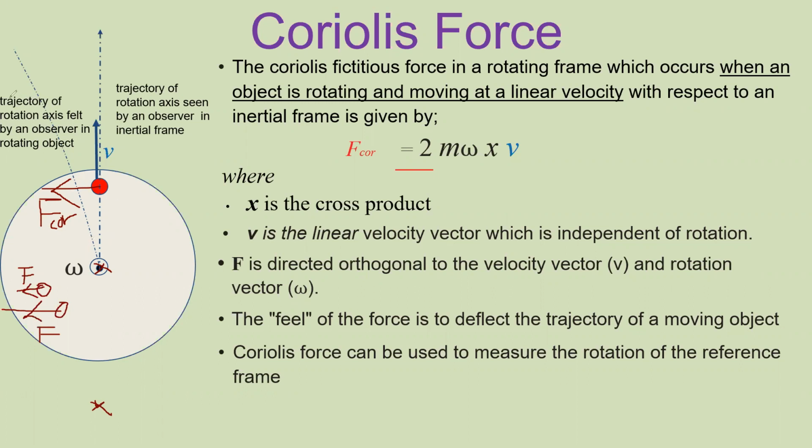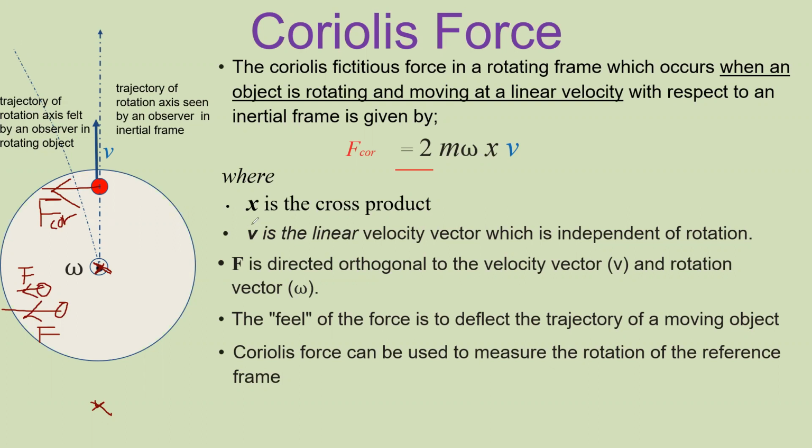The trajectory of the rotation is felt by an observer on this object. If an observer is looking at the center of this object, it will see that it is always rotating, but as it is the center, the rotation will not come into the trajectory. Because of the force felt, it will see as if it is moving in this direction.